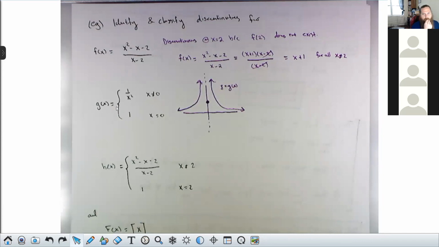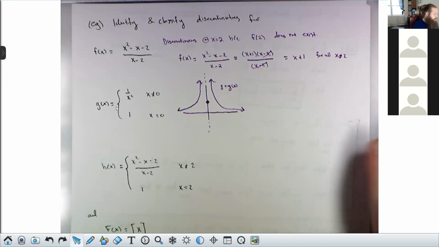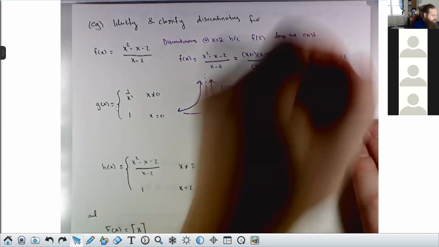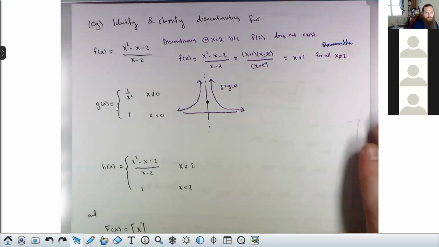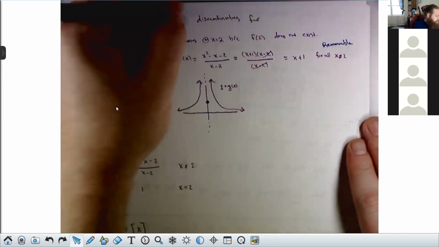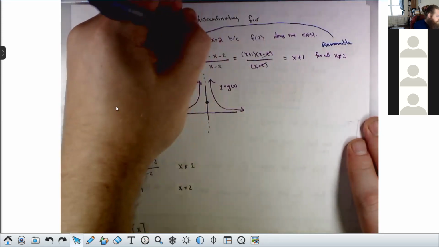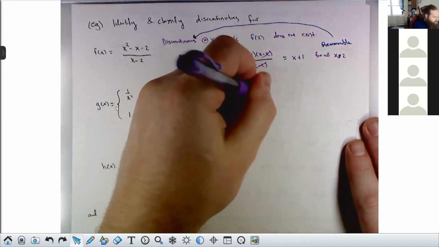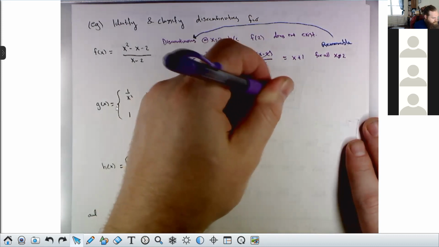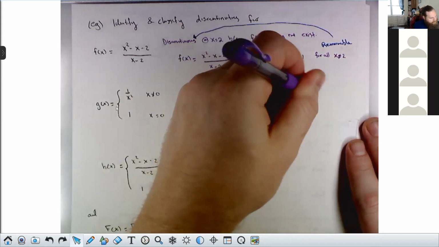What kind of discontinuity do we have here? So the first function, we said that's a removable discontinuity. This guy is discontinuous at x equals 0, right?